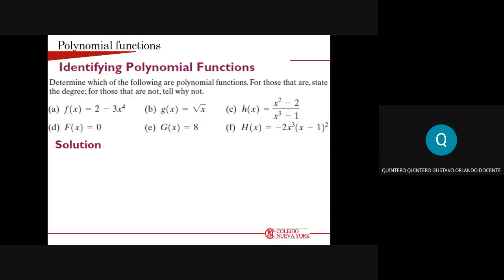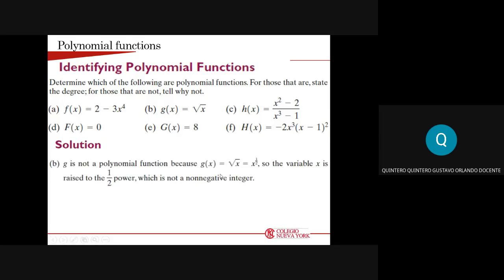All right, let's continue. So, B, is it a polynomial function or not? Here it is. So, no. In question B, the function g is not a polynomial function because it includes a root. A root can be expressed as fractional exponents, right?